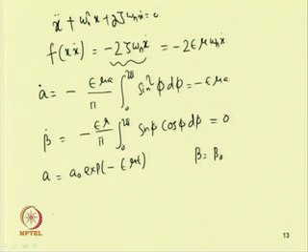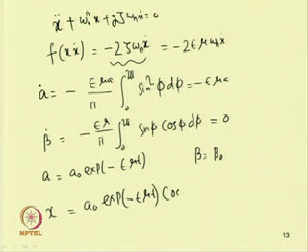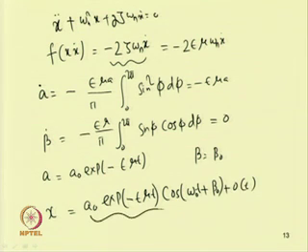So, we can write x equal to A 0 e to the power minus epsilon mu t cos of omega 0 t plus beta 0. This is of the order of epsilon. This is for the linear systems, as we already know. The solution in the case of linear systems becomes A 0 e to the power minus epsilon mu t into cos of omega 0 t plus beta 0.